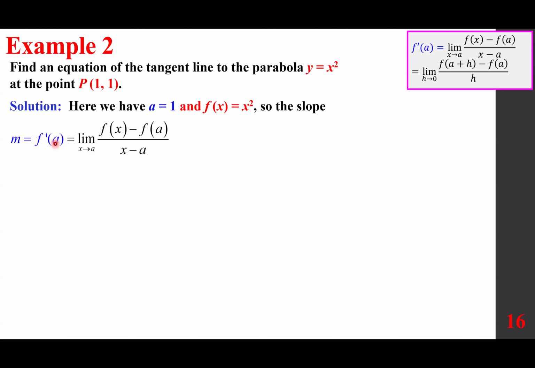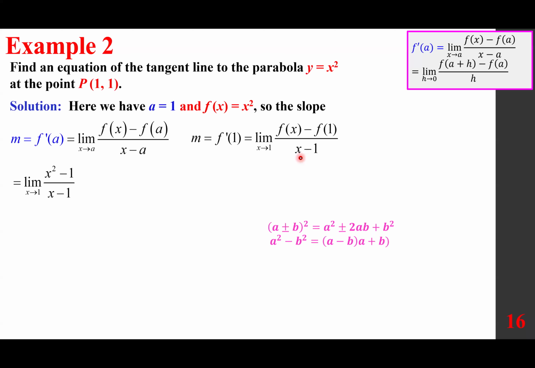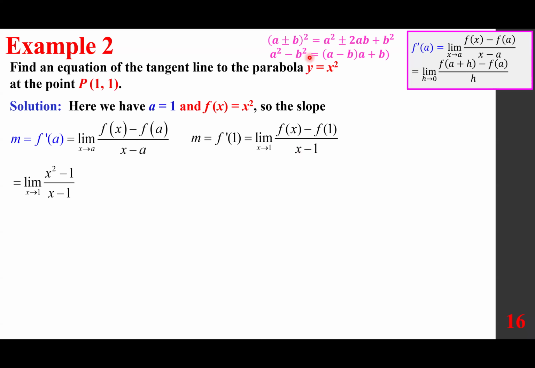So m is f prime of 1, the limit of f of x minus f of 1 over x minus 1. F of x is x squared, f of 1 is 1, over x minus 1, and if you plug in, you get 0 over 0. The technique is factoring. Obviously, we're going to use a squared minus b squared, because x squared minus 1 squared, we get x minus 1 times x plus 1 in the numerator.